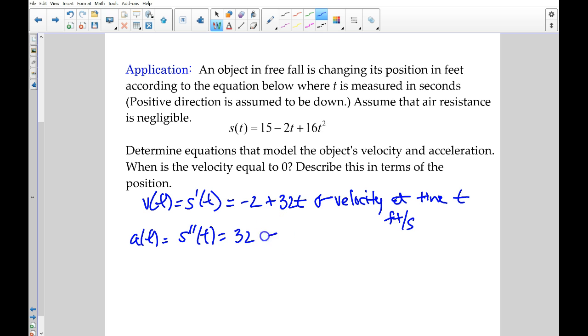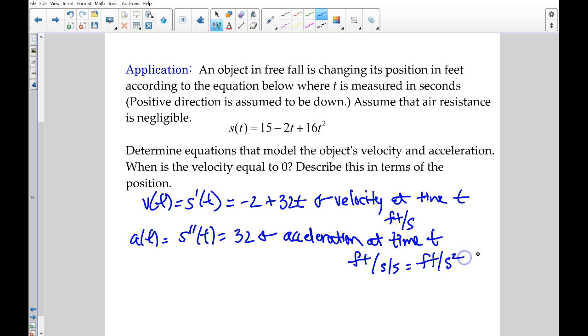And this would be acceleration at time t, and the units for this would be feet per second squared. You can double check the unit algebra on that one.